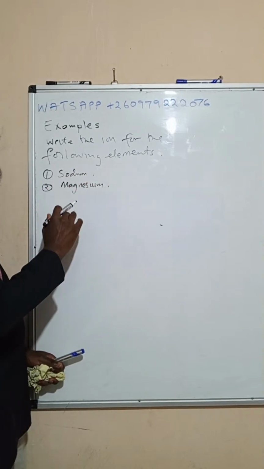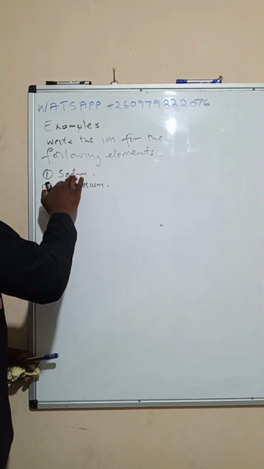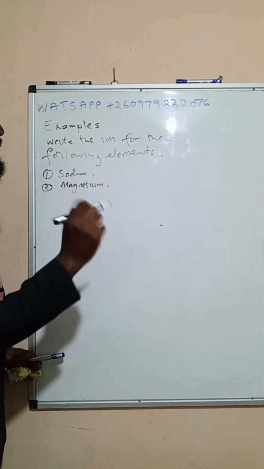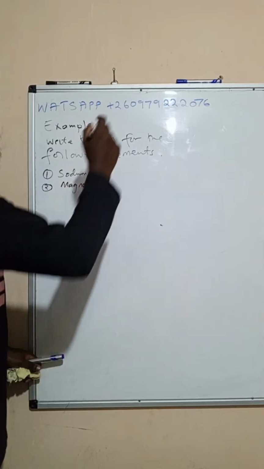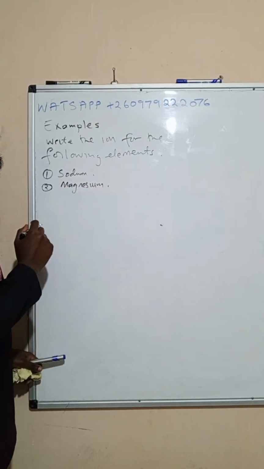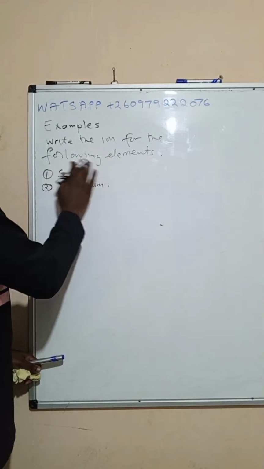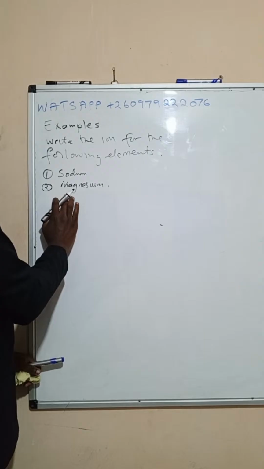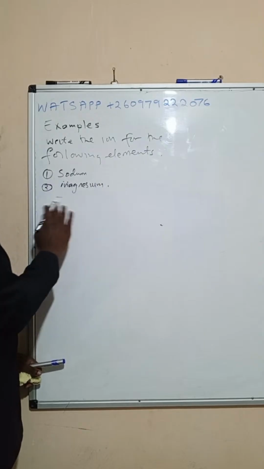So for example, we're trying to write the ion for sodium. The simplest way is you go on your periodic table. I taught you about sodium, magnesium. This is from the first 20 elements.